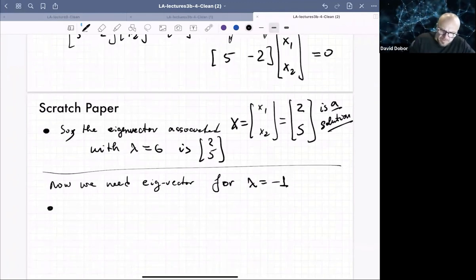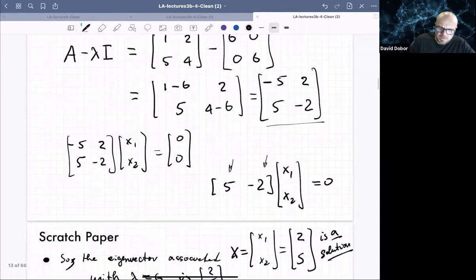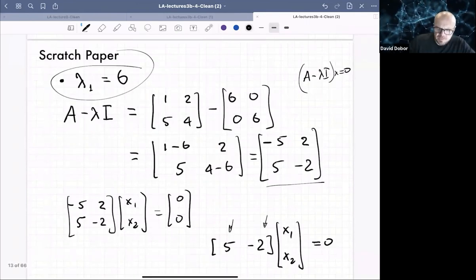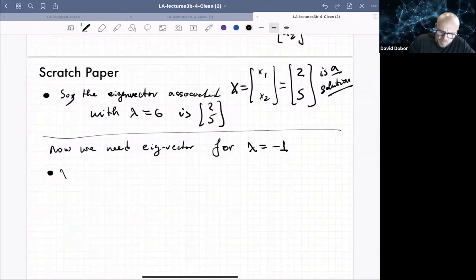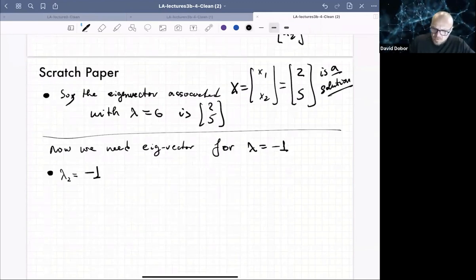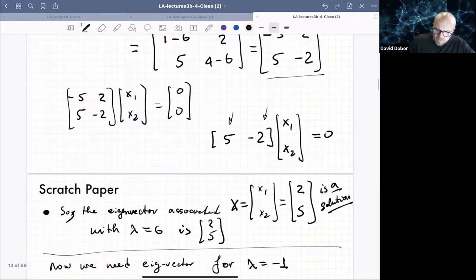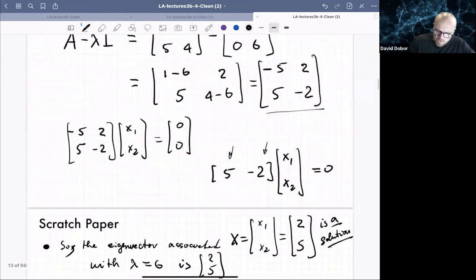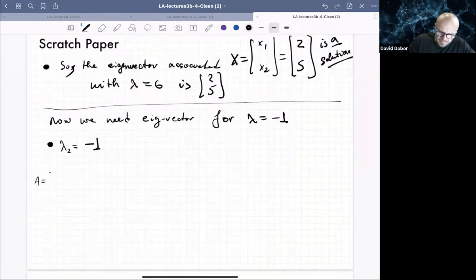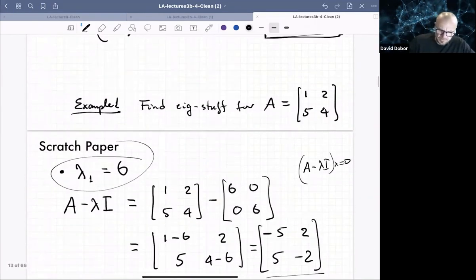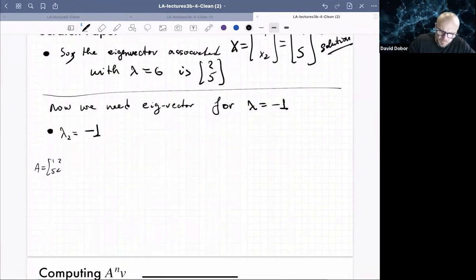So now we're in the case of lambda 2 equals -1, just as we were in the case of lambda 1 equals 6. So what's my matrix? It was 1, 2, 5, 4.